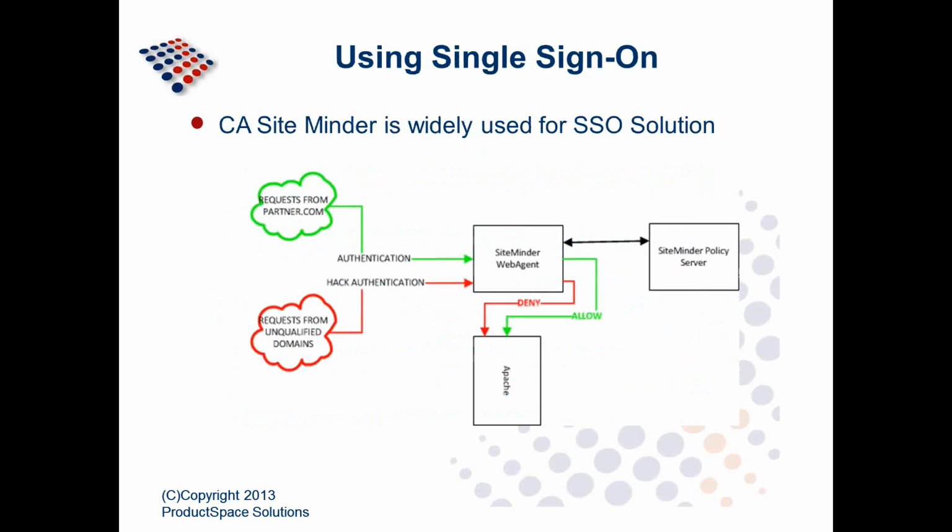Another option, obviously, is using single sign-on, and SiteMinder is one of the popular options we've seen. With the single sign-on solution, essentially, you would install a SiteMinder web agent where your web server is, and it talks to your policy server, and the requests for logging into Windchill are routed to the SiteMinder policy server, and it determines whether you get authenticated or not.